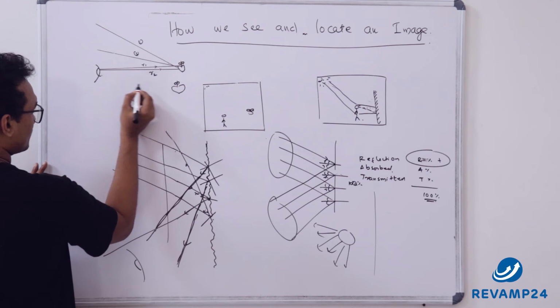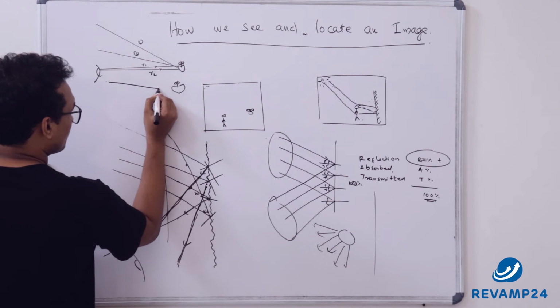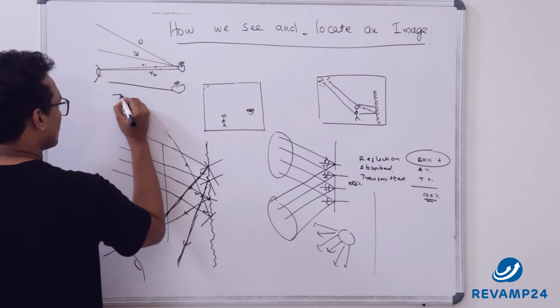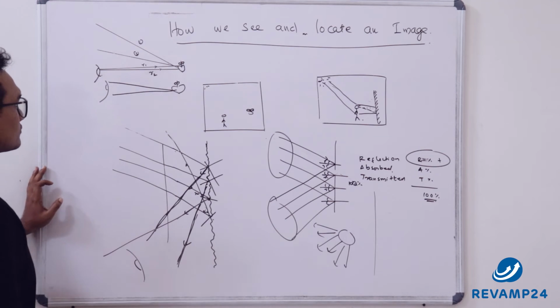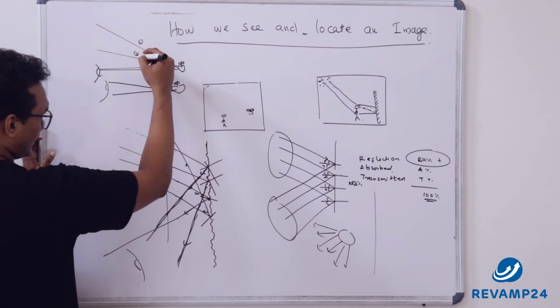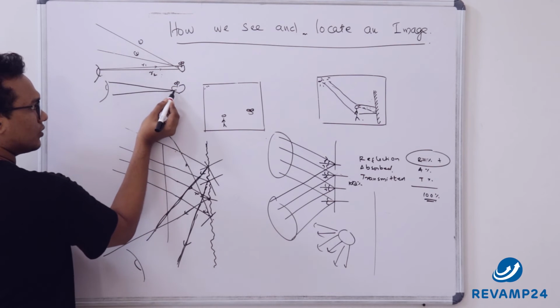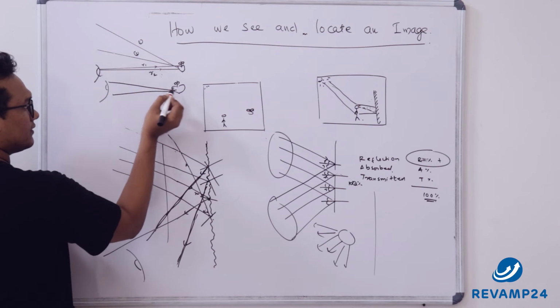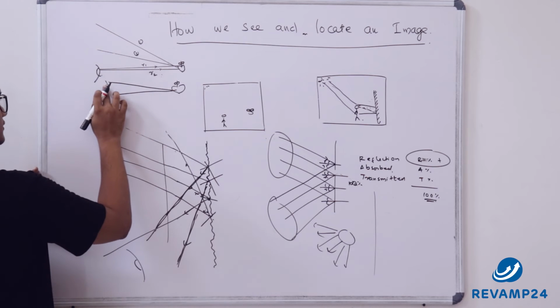From the apple we are able to receive two rays in this way. One is this and another one is this. So this is our eye. Now there are two light rays coming from one source, and that light ray after reflection goes in this way.